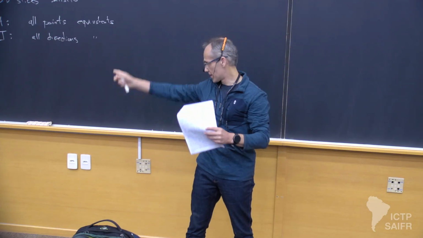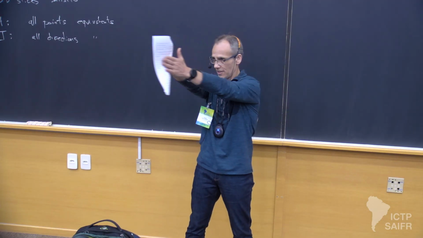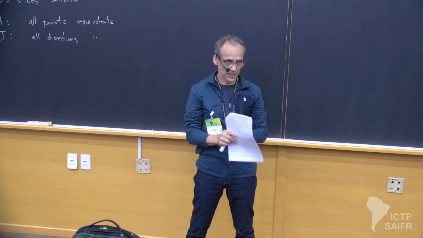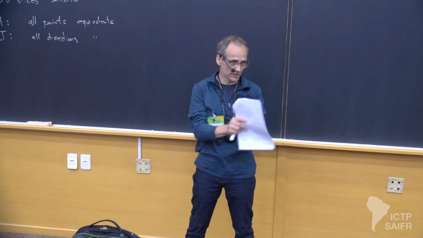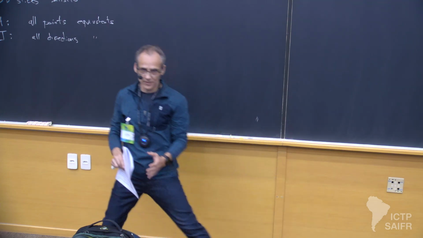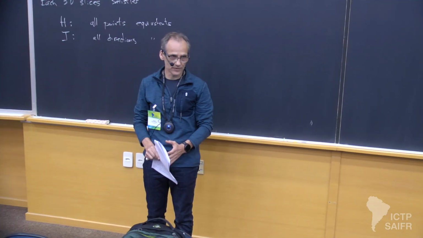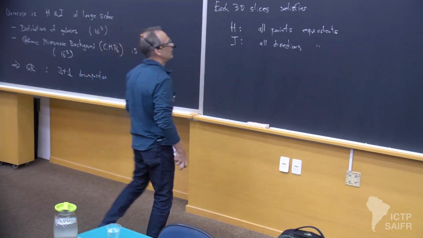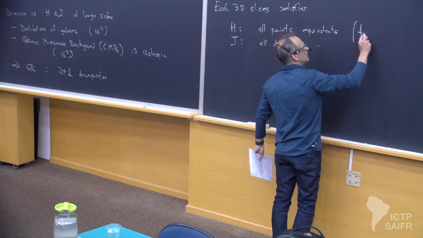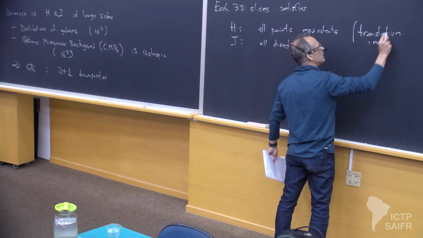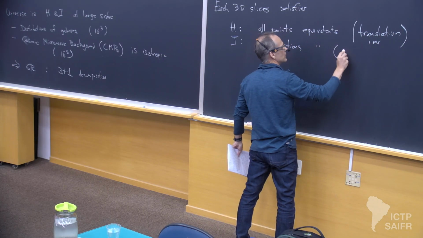Especially, say, the temperature of the CMB will be the same, or the number of galaxies will be the same. And then homogeneity means invariance under translation. So if I look at what's going on at this point and I do a translation, the physical properties are the same. So this will be translation invariance. This will be rotational invariance.